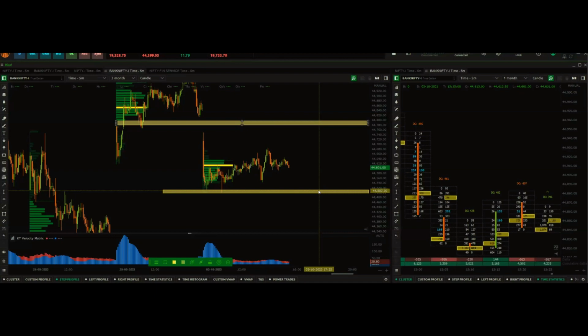And the reference point that you're mentioning, 44,745 or 50 levels, was a very strong reference point of a previous session, not the 29th, but a session prior to that, where we saw a lot of resistance.